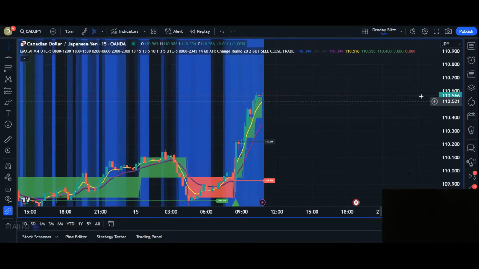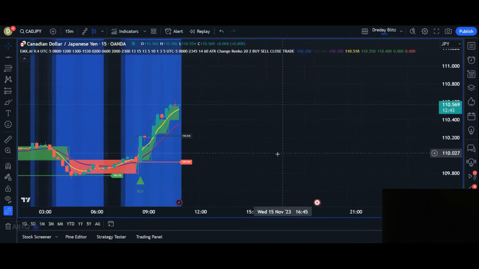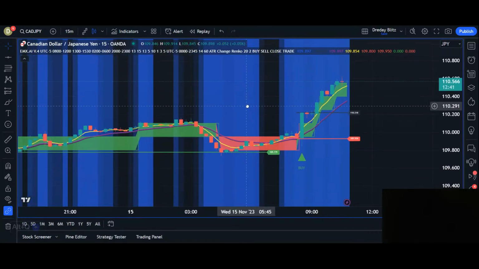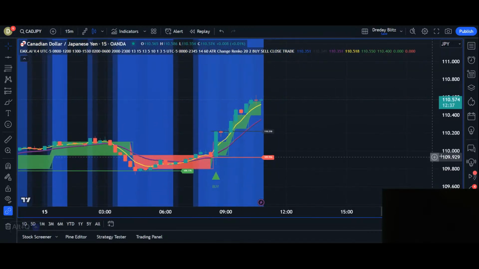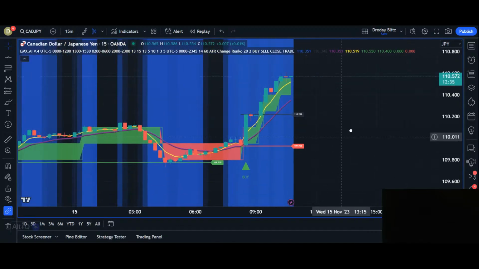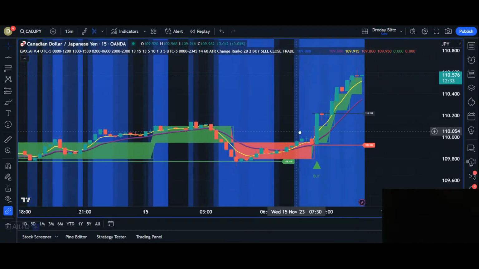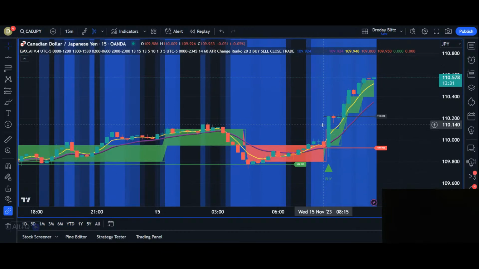You see, CAD JPY is going up. I'm pretty sure you're gonna ask me, how do I know that CAD JPY is going up if USD CAD is going down? Because the US against the CAD was stronger, right?